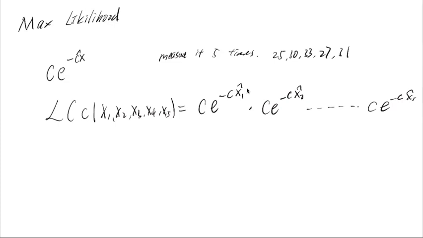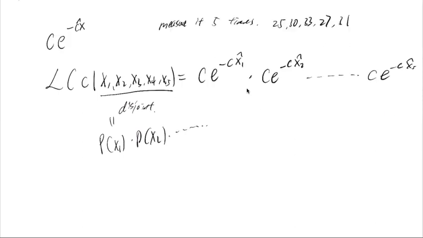The reason we do this is that we know these 5 measurements are disjoint. If we only had 1 measurement, we would use the exponential distribution directly, but we have 5 disjoint measurements, so we can write this as the probability of x1 times the probability of x2, up to x5.